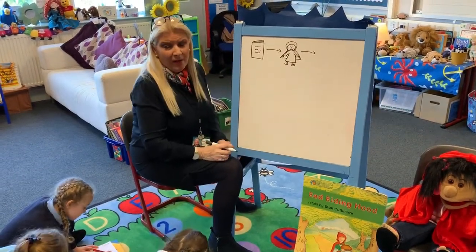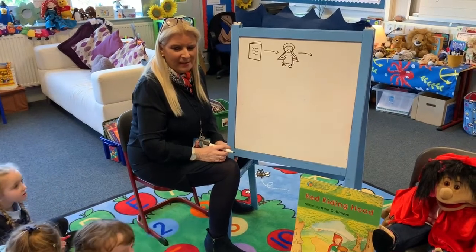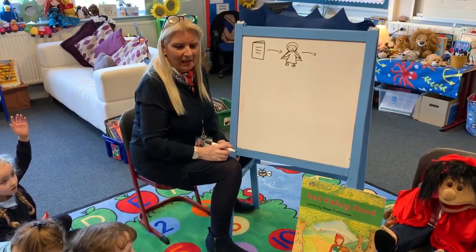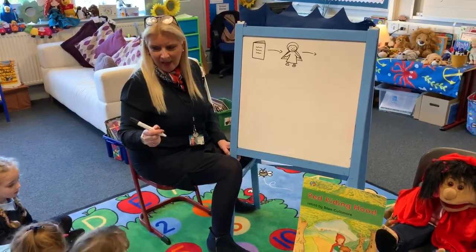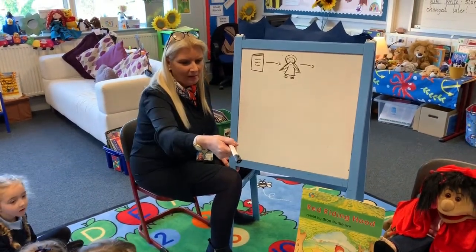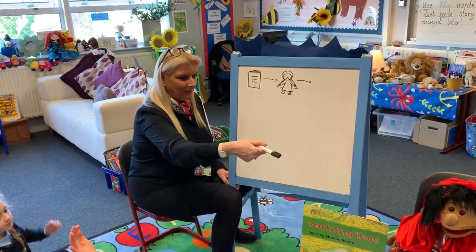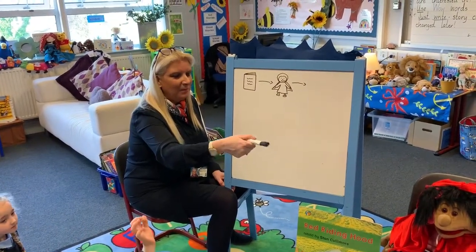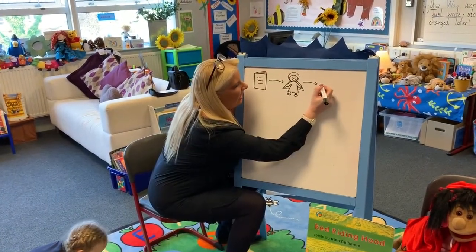Now, Little Red Riding Hood in the story, she was going to visit somebody with something nice. Who was she going to visit? Her grandma. What was she taking to Grandma? Berries? Some cakes and flowers. Some cakes and flowers. So let's draw a little cake.